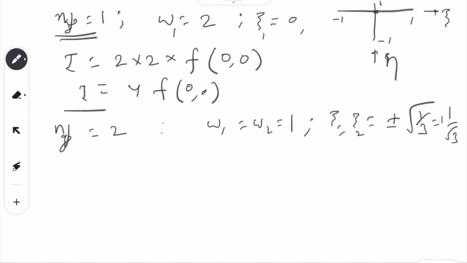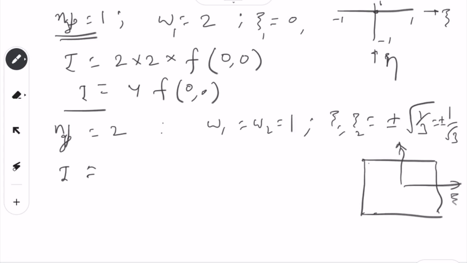So in that case, our I will be the sum, we have to add them together. We will have 4 points then, in the xi eta system.